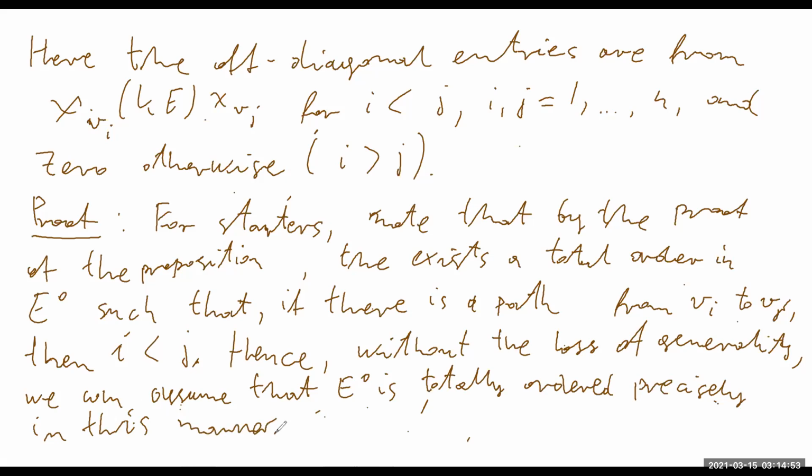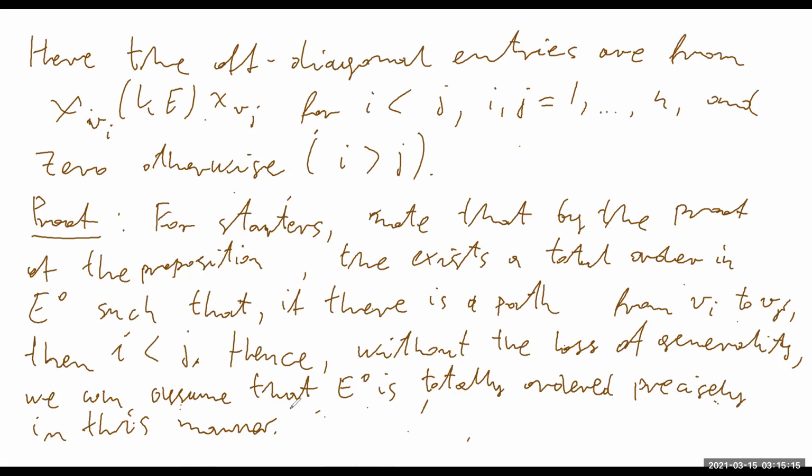Precisely like this, meaning that this order between vertices is such that if there is a path from Vi to Vj, then i must be less than j. So in particular, there is no path whatsoever from Vi to Vj if i is bigger than j, or actually if i is bigger or equal to j.